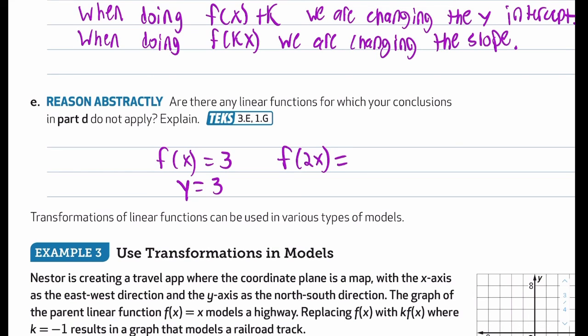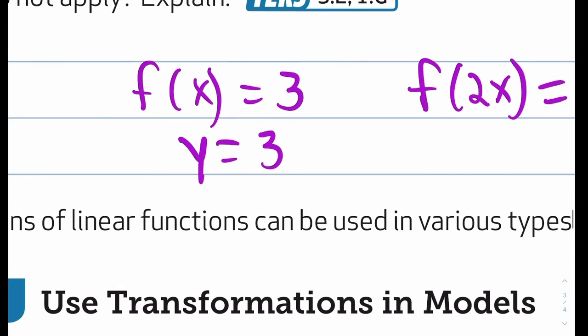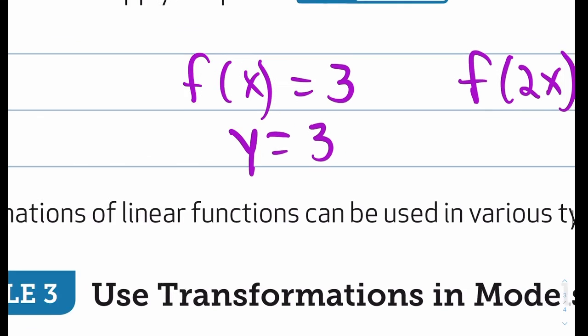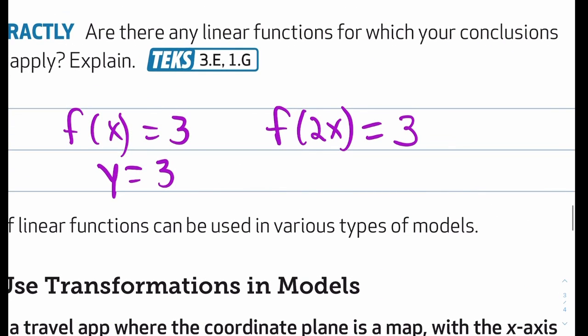Is it going to change it? No, it won't, because there's nowhere to plug in for the x. And y is equal to 3. There's no x in there anywhere. x is not there. So if there's nowhere to put the x, then these types of transformations won't work.